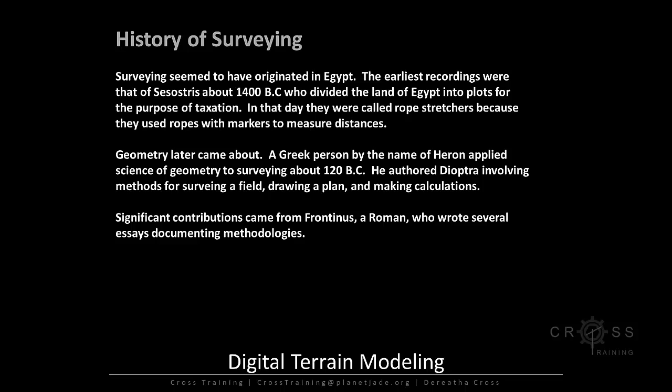He also authored the Dioptra, involving methods of surveying a field, drawing a plan, and making calculations. Later there were significant contributions from Frontinus, a Roman, who wrote several essays documenting methodologies. Of course there are a lot more individuals who made significant contributions, but these are the only three that I remember.